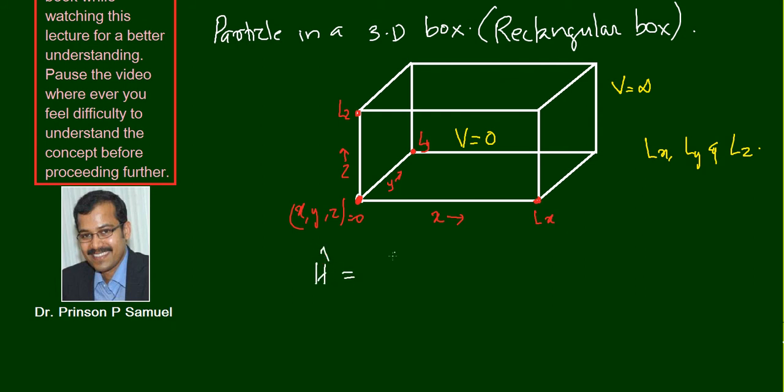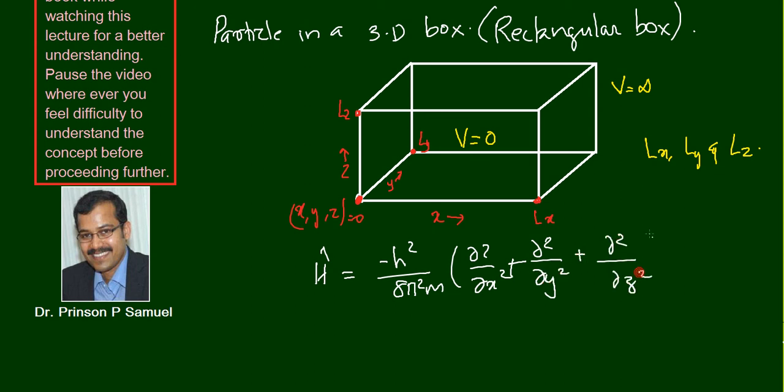The Hamiltonian H cap is equal to minus h square divided by 8 pi square m, times dou square by dou x square plus dou square by dou y square plus dou square by dou z square, plus V. But we know that the potential energy is 0, so we don't need to mention that. So the Hamiltonian is minus h square divided by 8 pi square m del square, where del square is dou square by dou x square plus dou square by dou y square plus dou square by dou z square.